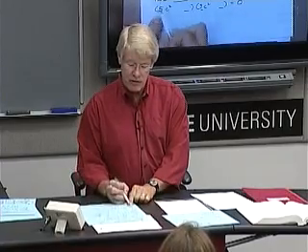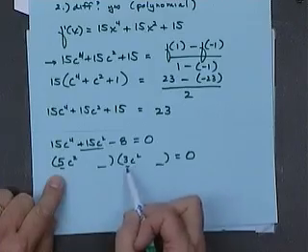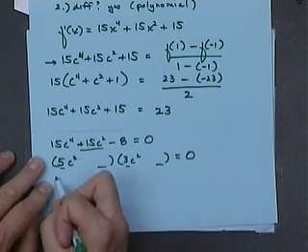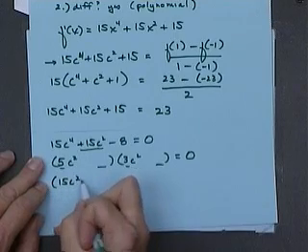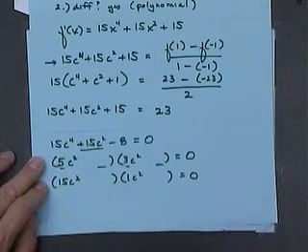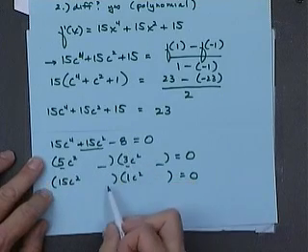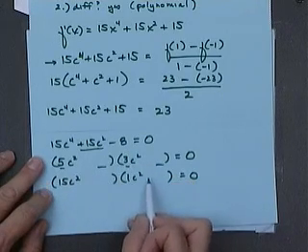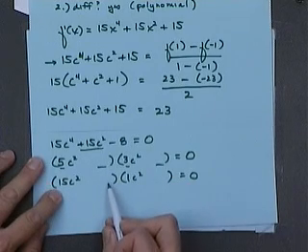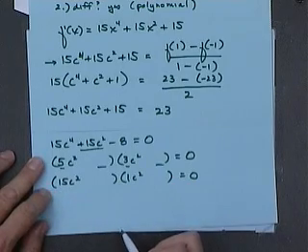Any way we could use, instead of 5 and 3, 15 and 1? It's worth a try. It's not going to work. It doesn't work. Not factoring?